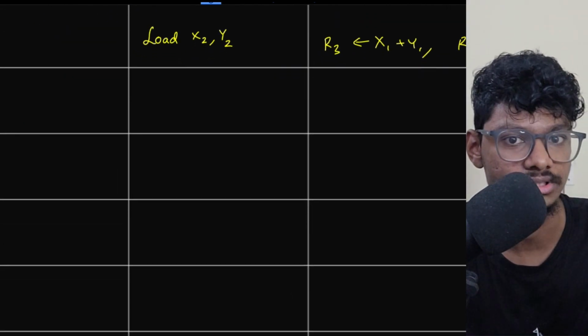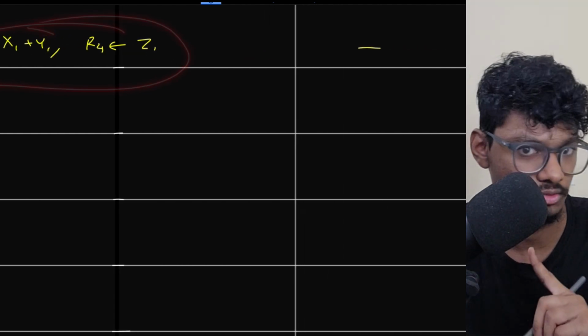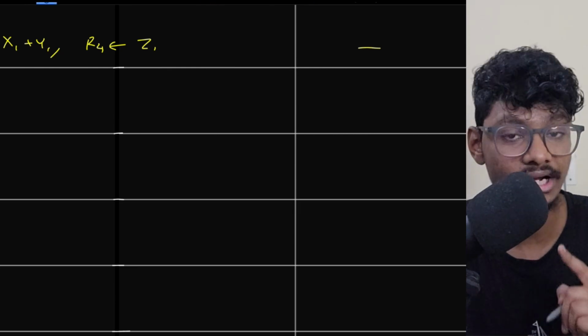In the third clock cycle, stage 3 will receive the data from stage 2 because it has done its job. So what was the task for stage 3?